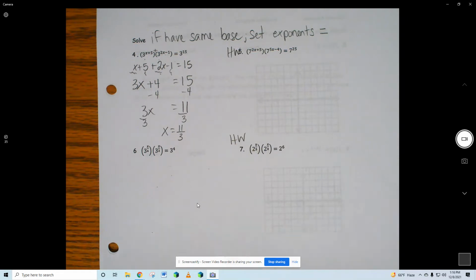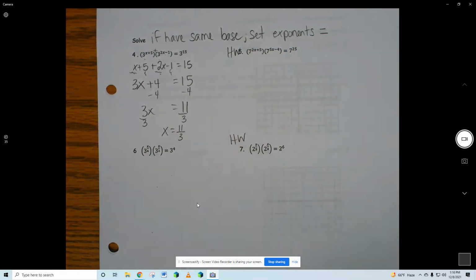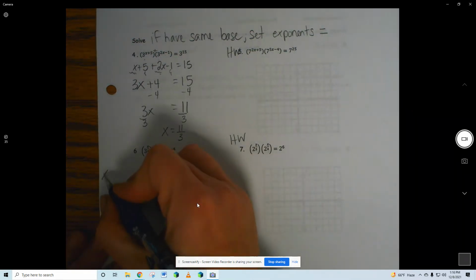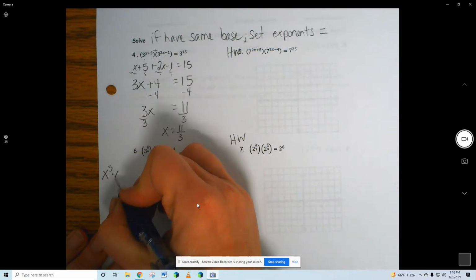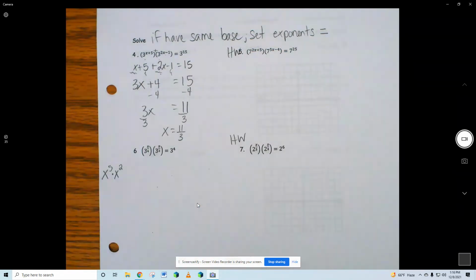Okay, the bases are all the same. Great. The exponents now. When I multiply, this is an addition problem. Do you remember why it's an addition problem? Let me give you a super easy one. x to the 5th times x squared. What do I do with the 5 and the 2? Is it 10 or is it 7? 7.